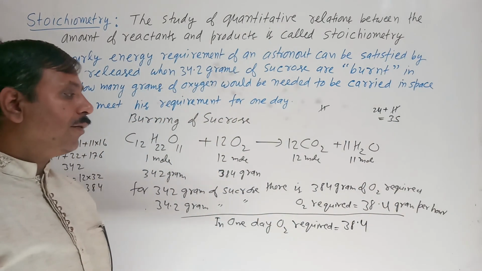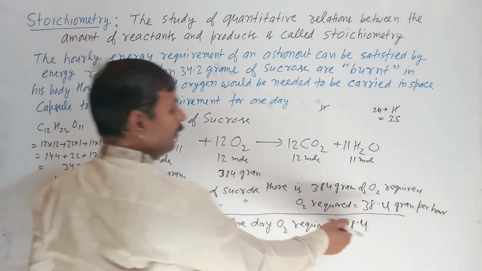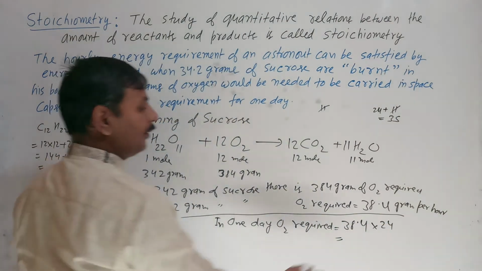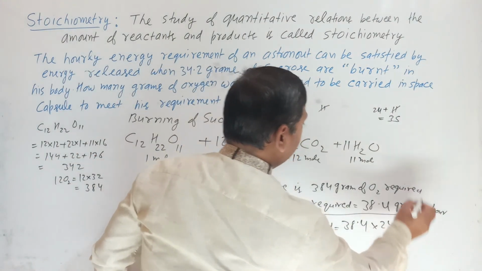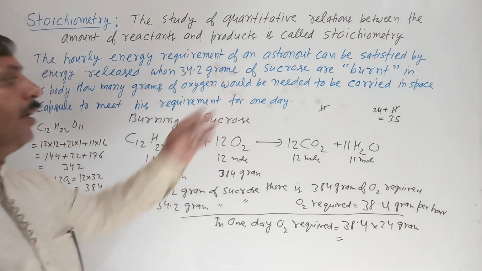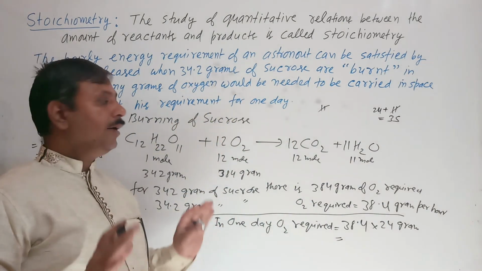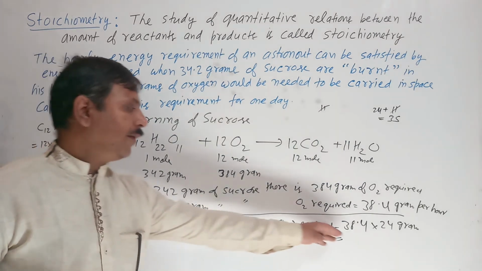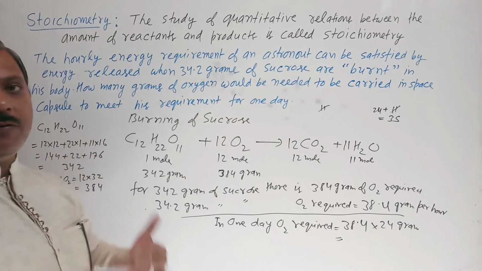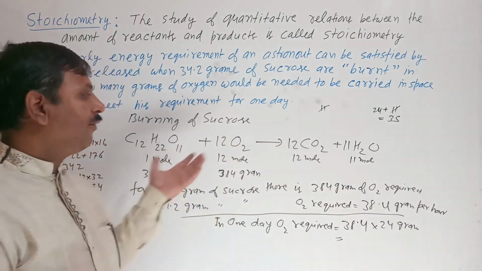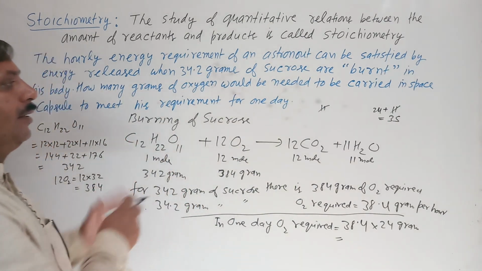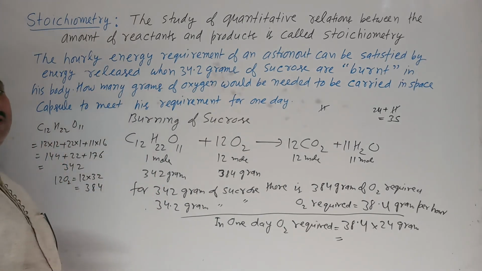In a day 24 hours is there, so we will multiply by 24. That much gram of oxygen is required for an astronaut in a full day. Day and night combined, they will require that much gram. By stoichiometry, by the balanced equation, we can find how much oxygen is required. We have given this one example.